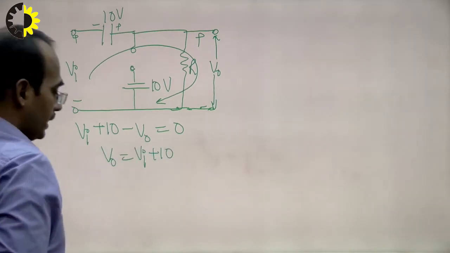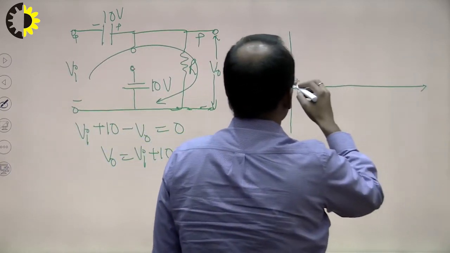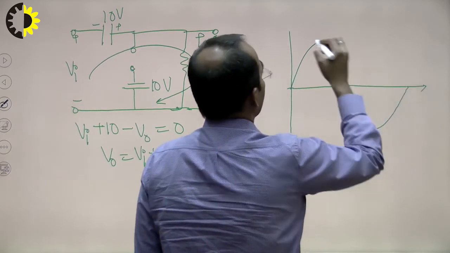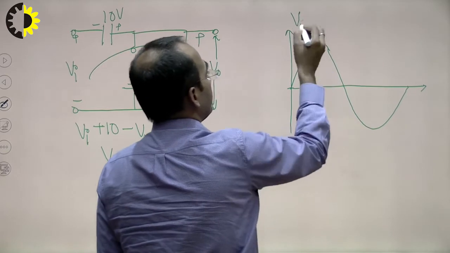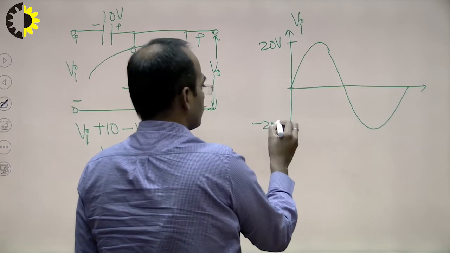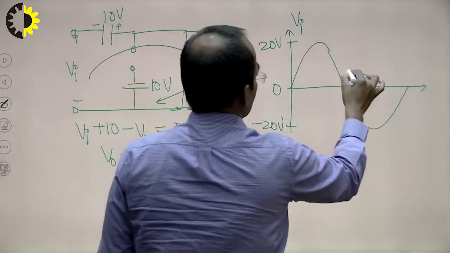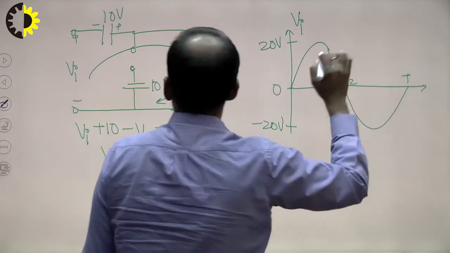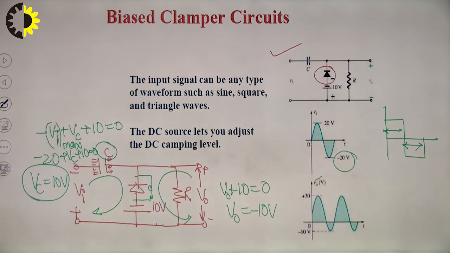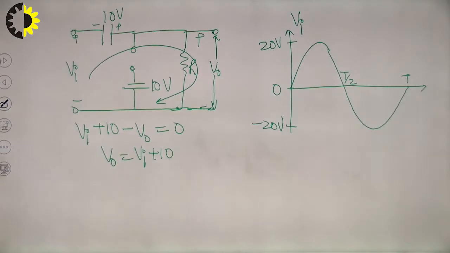Now, you can see that the input was varying from 20 volt to minus 20 volt for period 0 to T by 2, T by 2 to T. Okay. This is the input waveform. So, what will be the output for this?